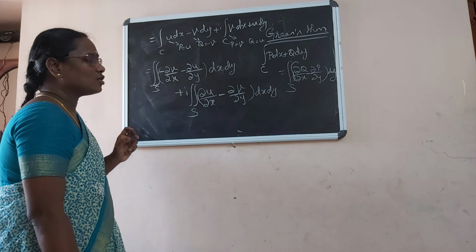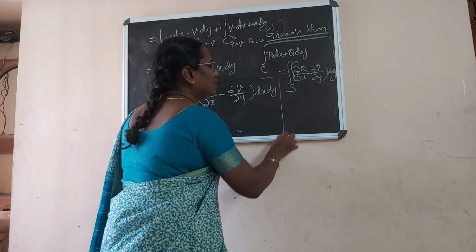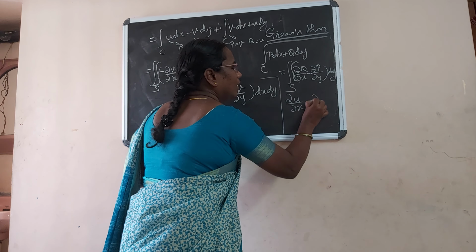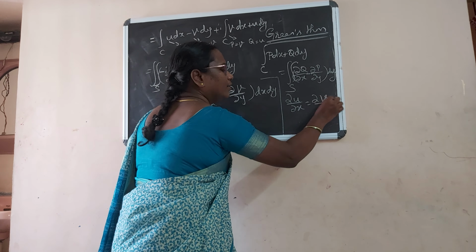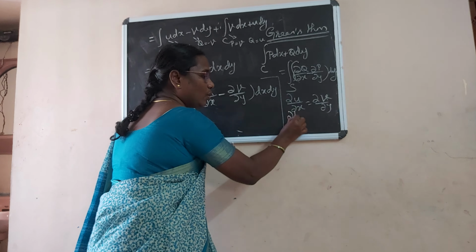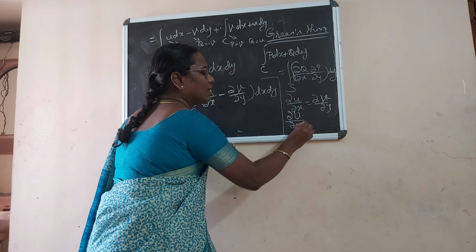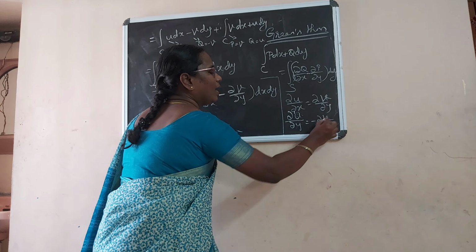Now applying the Cauchy-Riemann equations: dou u by dou x is equal to dou v by dou y, and dou u by dou y is equal to minus dou v by dou x.